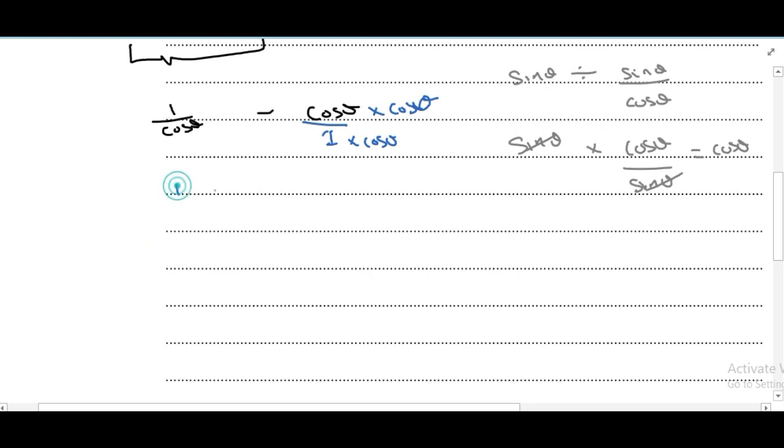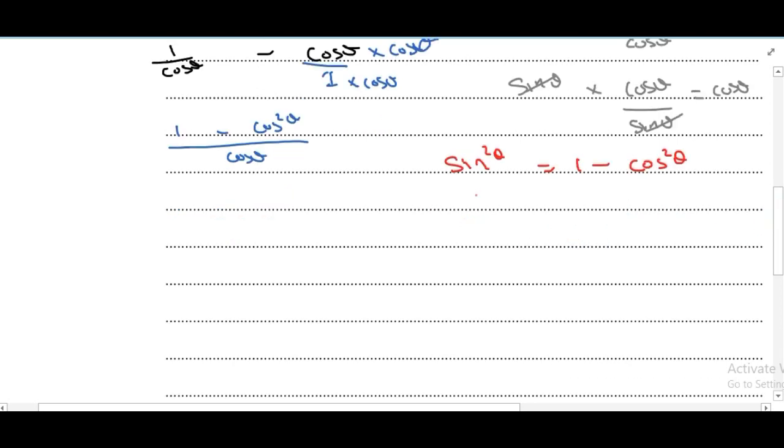So 1 minus cos square theta divided by cos theta. Now again, sin square theta equals 1 minus cos square theta.